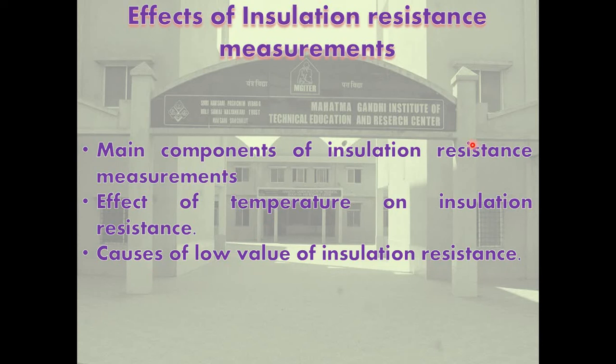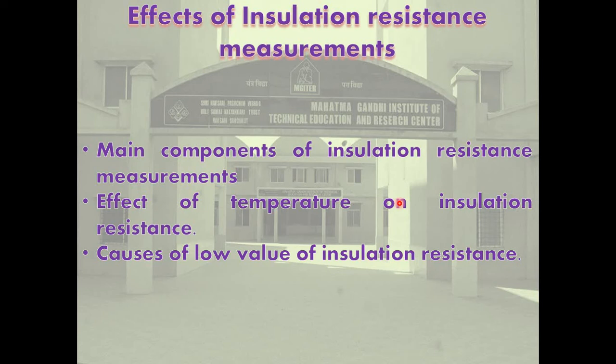Now, first, main components of insulation resistance measurement. What are the main components of the direct current through the insulation in the insulation resistance measurement, and which components are the true representatives of insulation resistance?